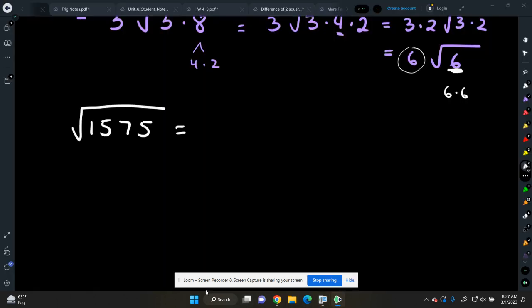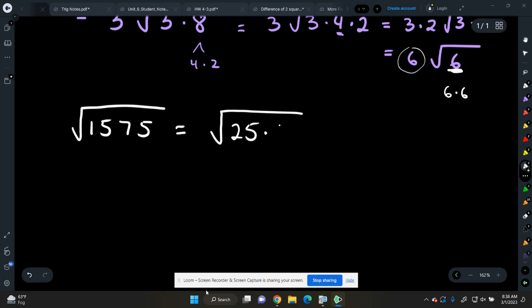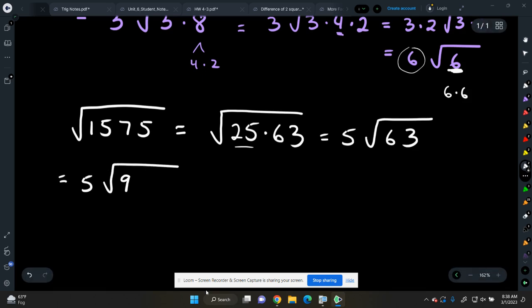You can do 7 first. It's okay if you did more. The square root of 25 is 5. Now we're going to work on the 63. I know that 63 is 9 times 7.